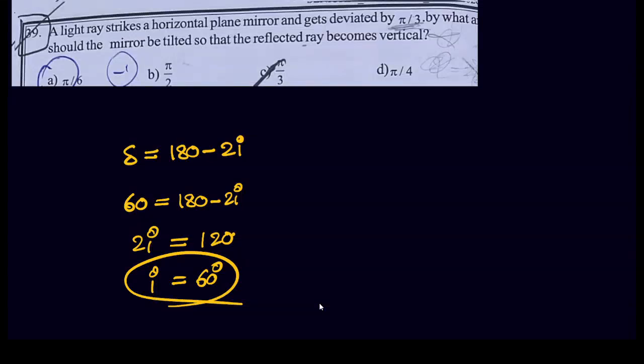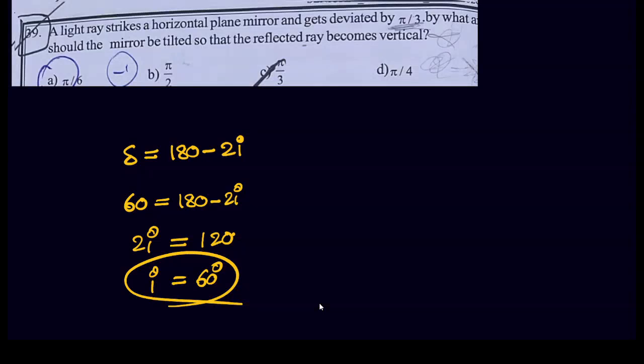Now, by what angle should the mirror be tilted so that the reflected ray becomes vertical?